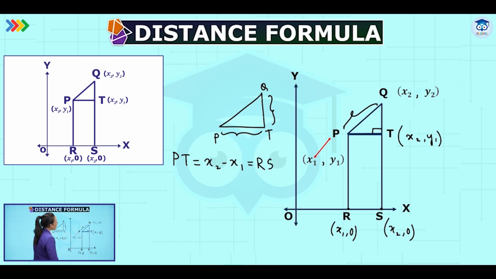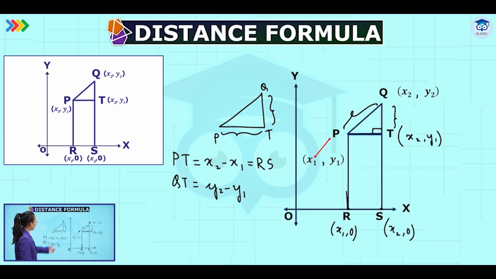Now, let's talk about this distance. When we look at this, we are calculating this much length minus this much. So this much is y2, and this here is y1. So the length of QT is y2 minus y1, right?